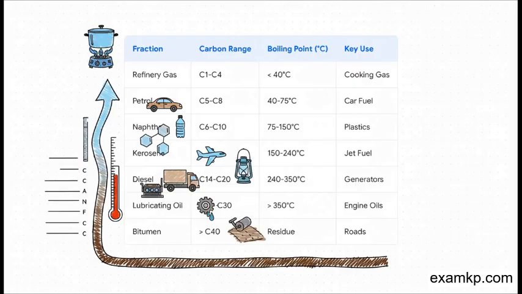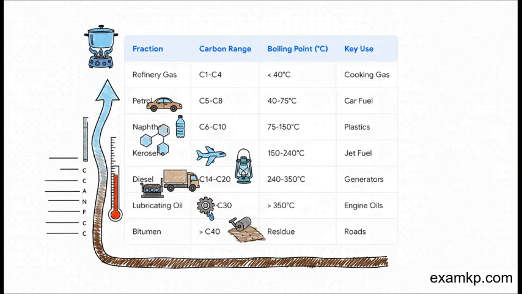Go down again, and you find kerosene for jet fuel and our lamps. Then comes diesel for all the big buses, trucks, and generators. We're getting near the bottom now, so we get the thick stuff, lubricating oils for engines. And right at the very bottom, that thick, gooey residue that couldn't even vaporize, that's bitumen, the tar we use for our roads.